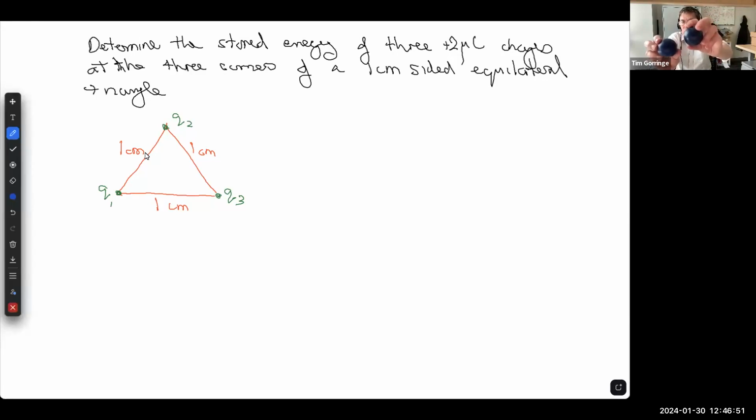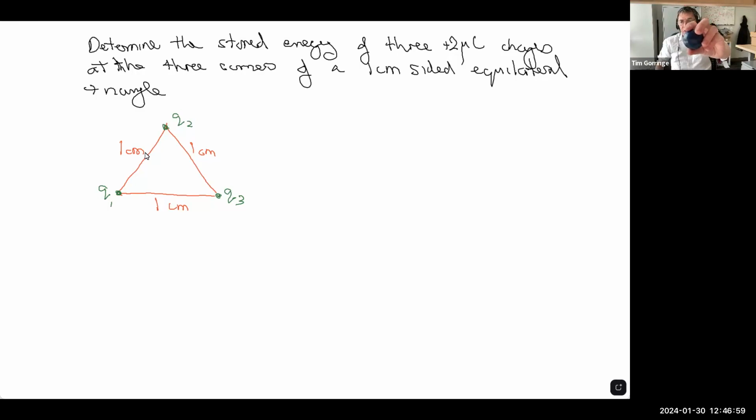That's the resulting stored energy of this arrangement of two charges. You would find that whether you brought up the charge on the left first and then the charge on the right, or you did the reverse, you brought up the charge on the right and then the charge on the left.